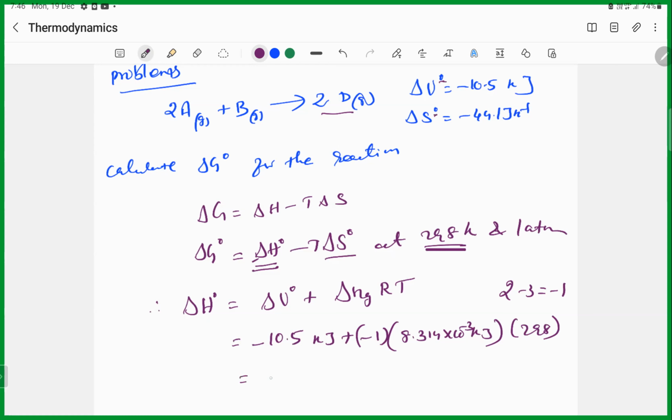So when you are doing minus 10.5, if you multiply 8.314 and 298, what answer will you get? 0.008314, that also you can take because of 10 power minus 3. Okay, so you tell me what is the answer? You calculate and tell me.